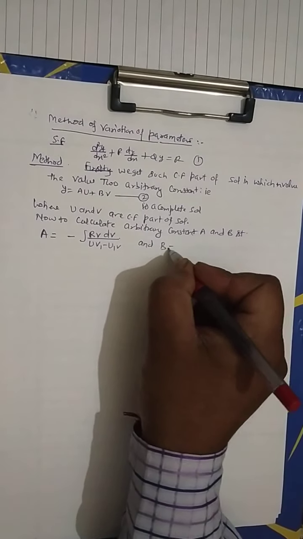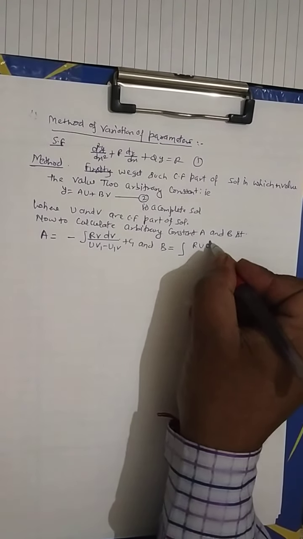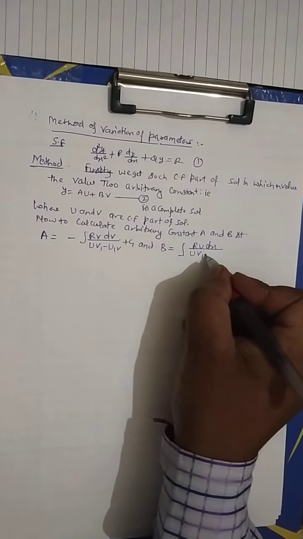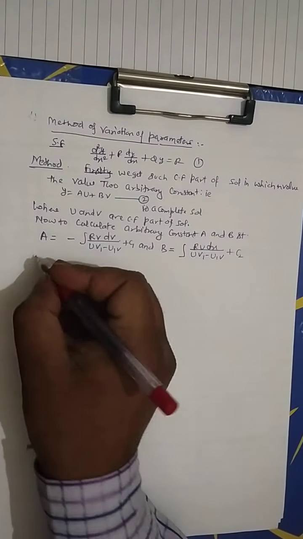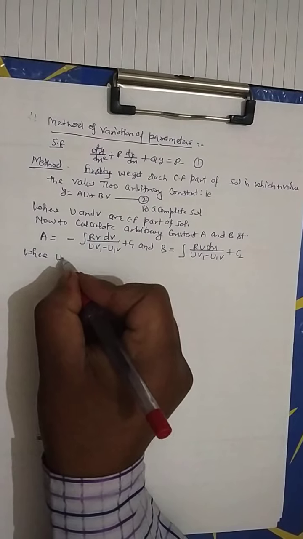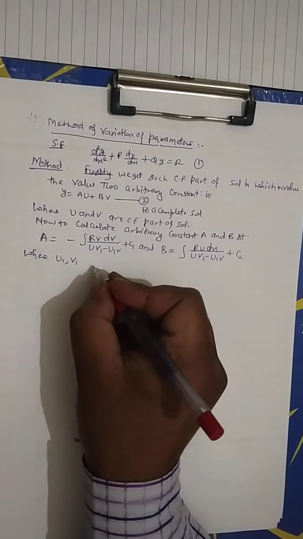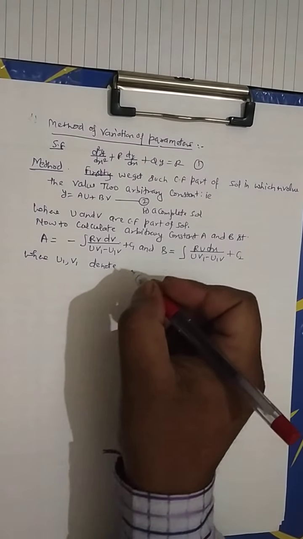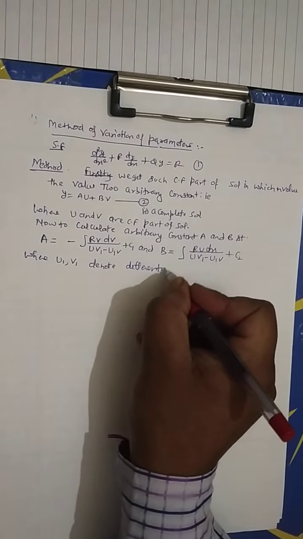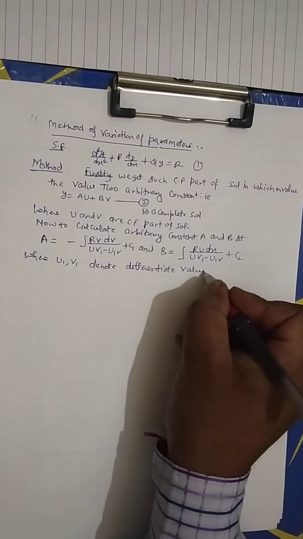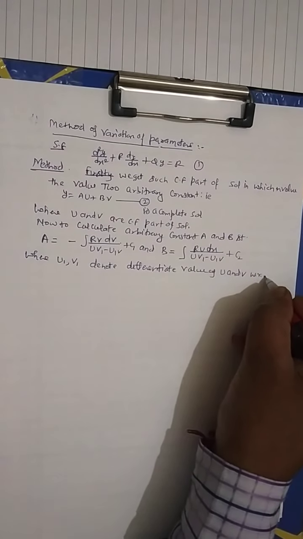Similarly, the value of B can be calculated as the integration of Ru dx upon uv1 minus u1v plus arbitrary constant c2, where u1, v1 denote the derivatives of u and v with respect to x.